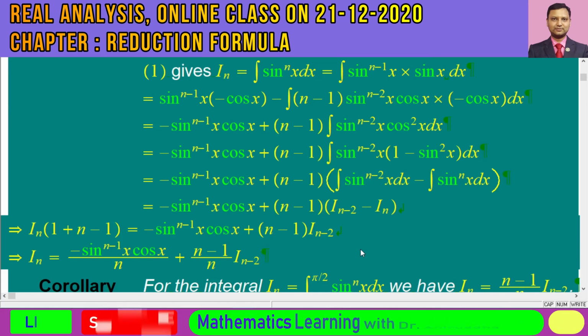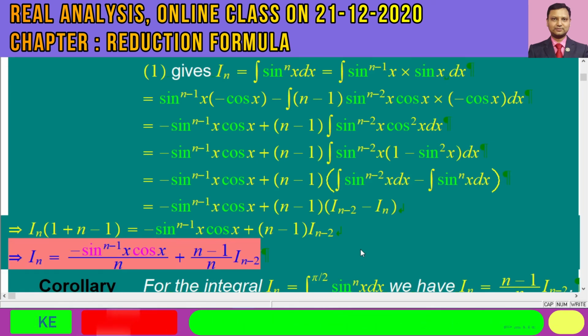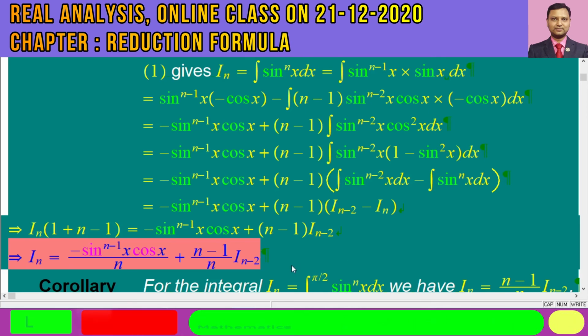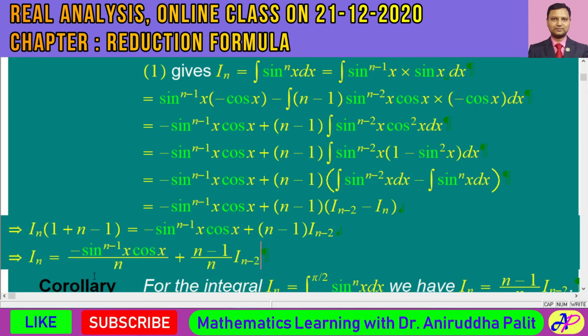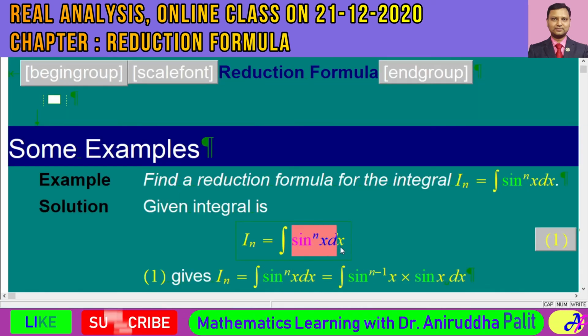That's why this is the convention that we always write everything without the constant of integration in this kind of reduction formula. Only the constant of integration is written after completion of the entire computation. Got it? So this is the reduction formula for sine to the power n x dx.